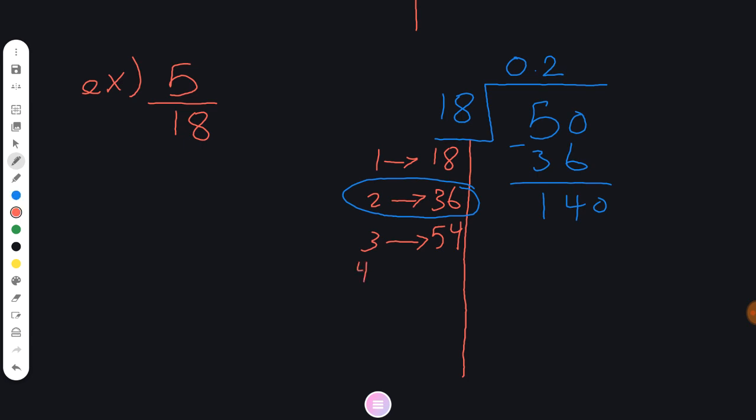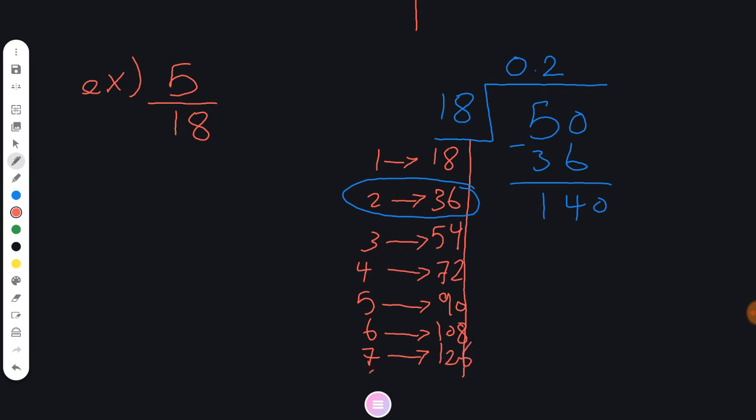Okay? So 4 times 18 equals 72. 5 times 18 equals 90. 6 times 18 equals 108. 7 times 18 equals 126.